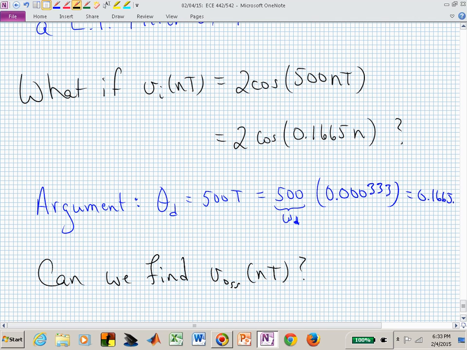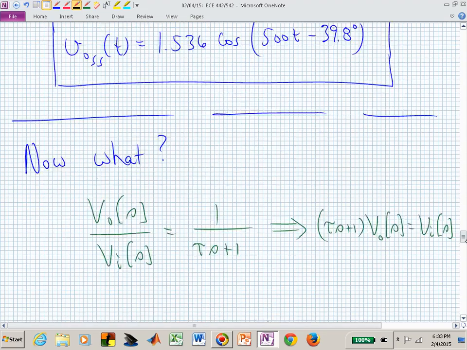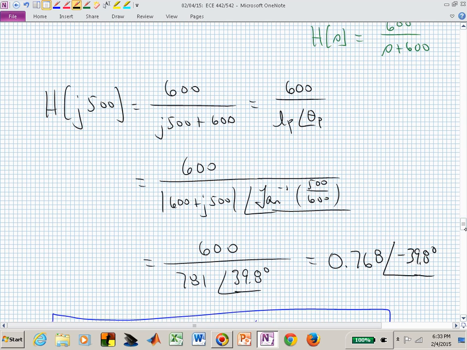And how did we do it in the analog case? We simply evaluated our transfer function along the imaginary axis. That was in the S-plane. What's the imaginary axis look like in the Z-plane? The unit circle.